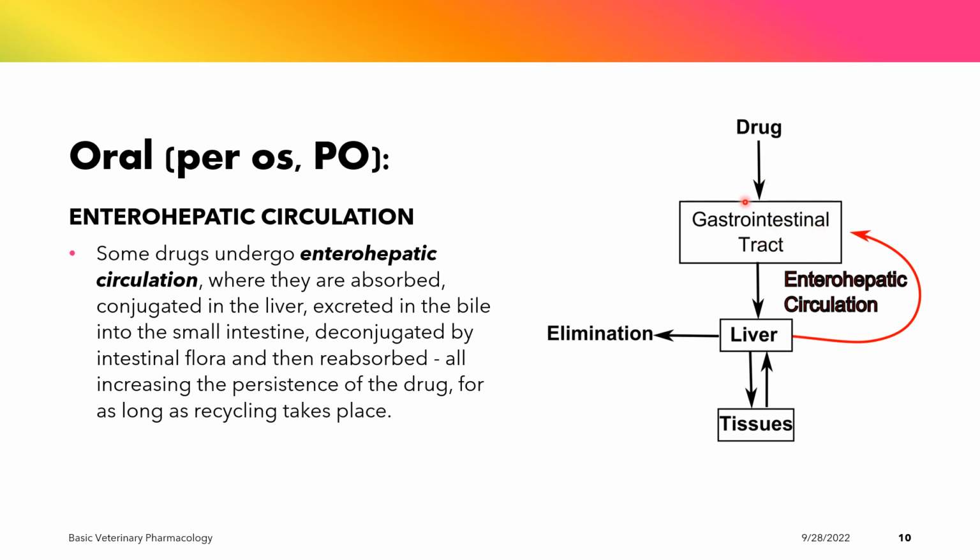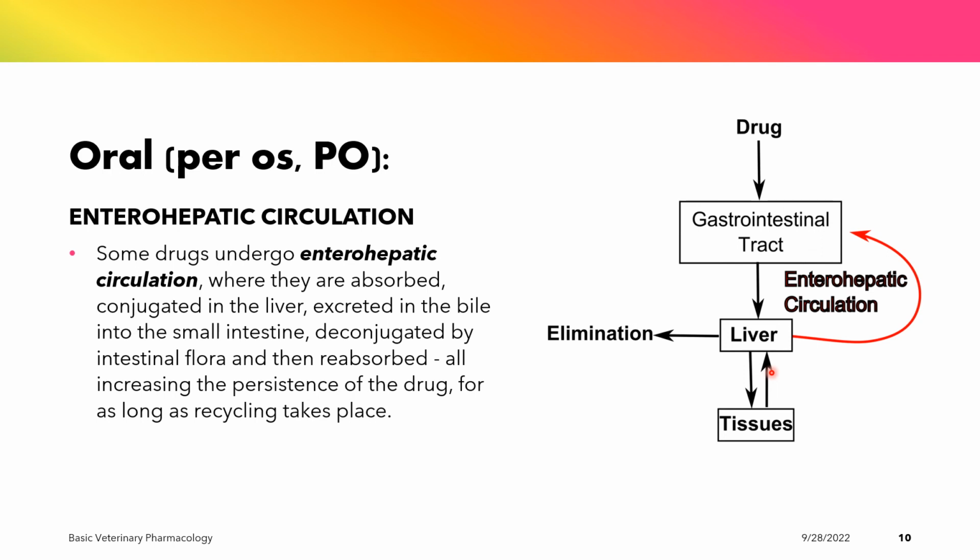So as we can see, there is a cycle wherein after the drug is secreted into the bile, it will again be absorbed by the GIT and go back to the liver and to the tissues. So this phenomenon is very important because it will increase the persistence of the drug in the body.